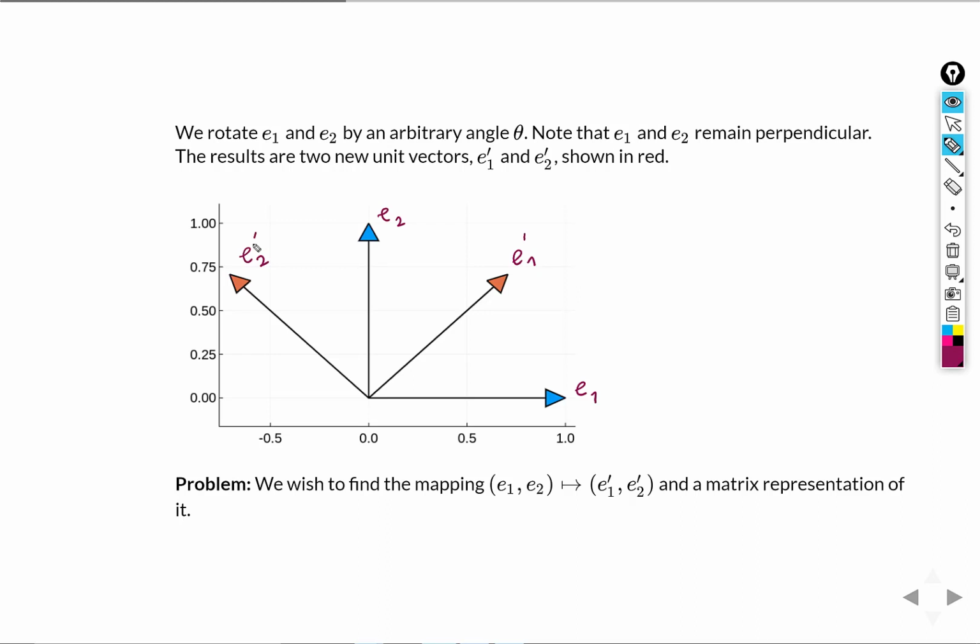Of course, we can also use E1 prime and E2 prime to identify any point in the plane. Now the question is, what is the linear map that transforms E1 and E2 to E1 prime and E2 prime, and what's the matrix representation for it?